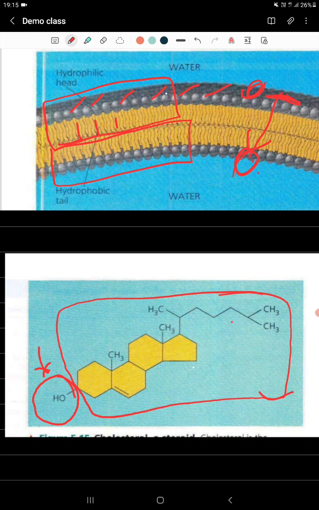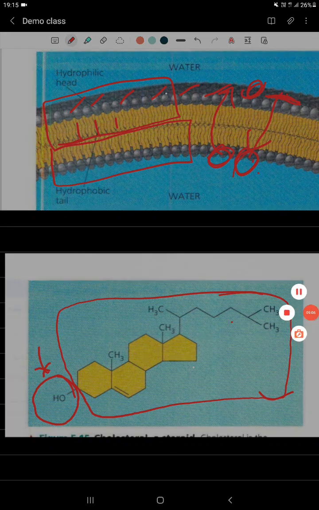Likewise, the cholesterol molecules placed at the inner end also absorb energy and move to the upper surface. So they are the first to take up this heat exposure, and in this way they resist any change in the fluid structure of the plasma membrane. This is how cholesterol helps the plasma membrane maintain its fluidity. So that's all for this lecture.